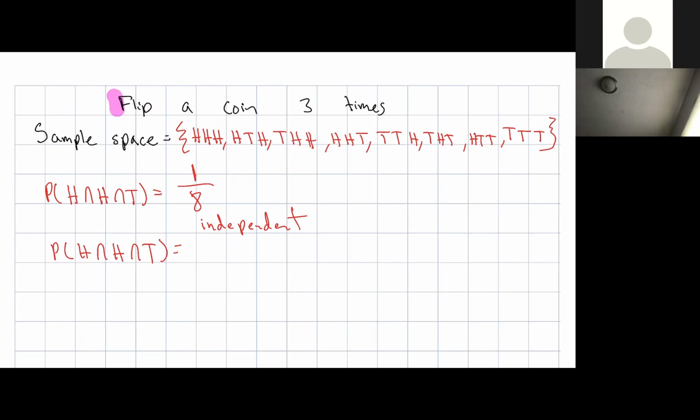So they're independent. So what we could do, we could say probability of heads, and you multiply it by the probability the second one will be heads, times the probability the third one will be tails. So what's the probability that it will land on heads? 1/2. Yeah, 1/2. What's the probability that the second time I flip it will land on heads? Well, it will still be the same, 1/2.